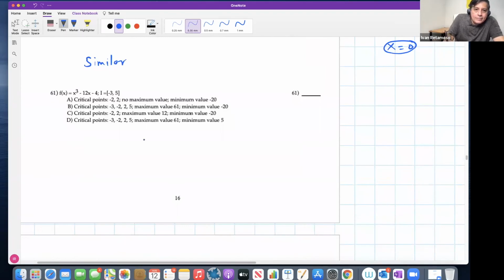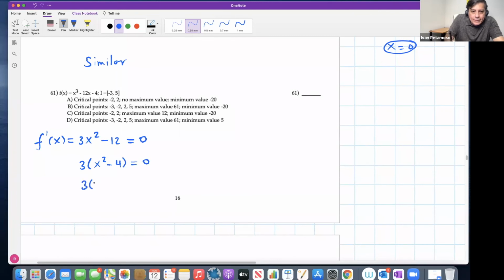how you catch the maximum value and the minimum value. Absolute maximum, absolute minimum. We gave a method, right? We said first find your critical points. Critical points can be found by taking the derivative, setting it equal to 0. We just did this, right?